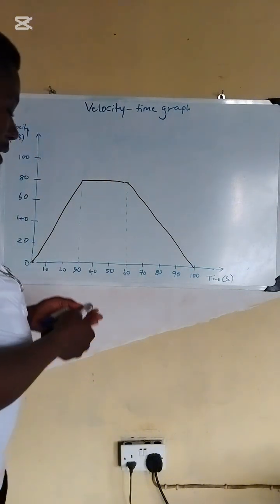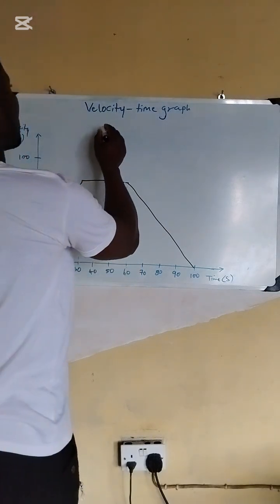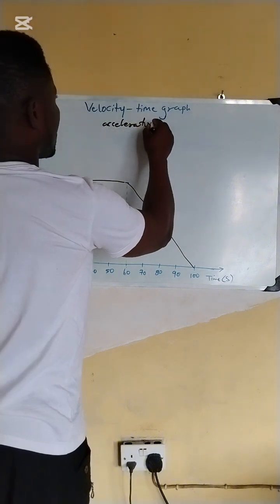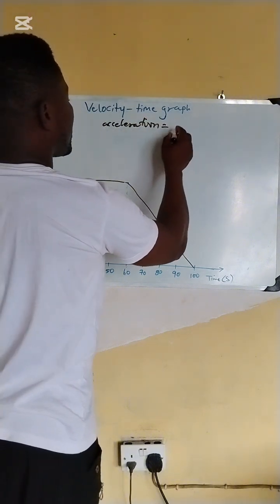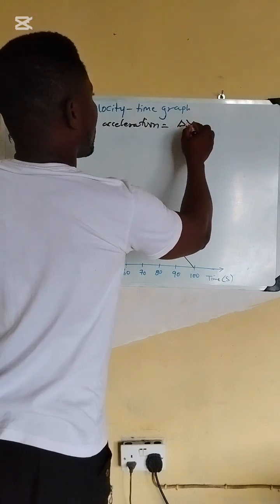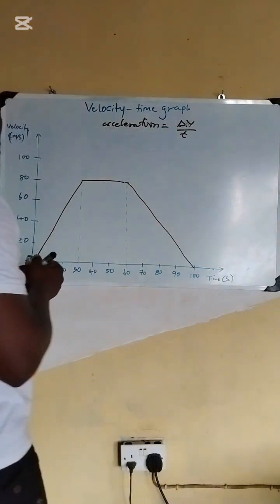So it's very simple. Let's look up here. Acceleration is equal to change in velocity all over time.